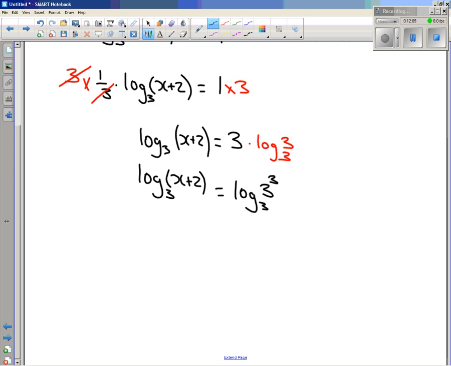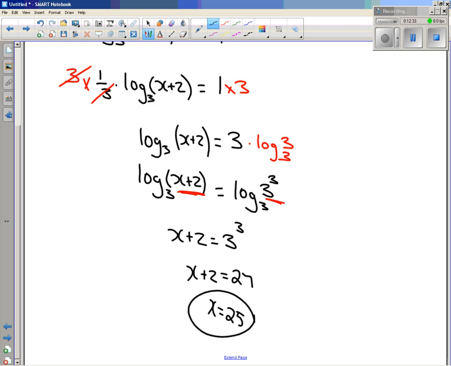So what can we do now? Okay, make what's inside our logs equal. So we'll have x plus 2 equals 3 cubed. 3 cubed is 27. So we're going to be doing x plus 2 equals 27. x equals 25.